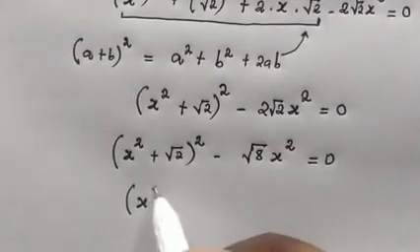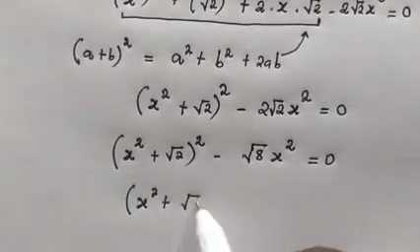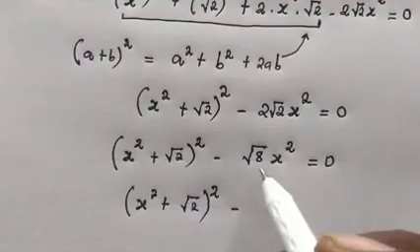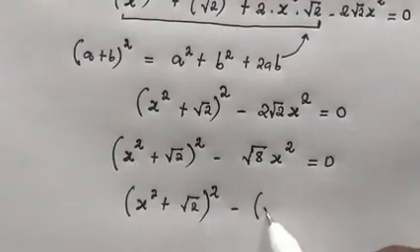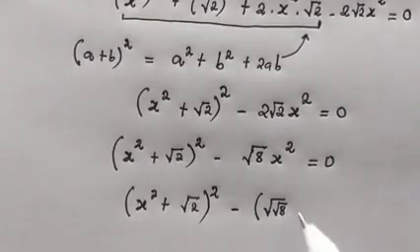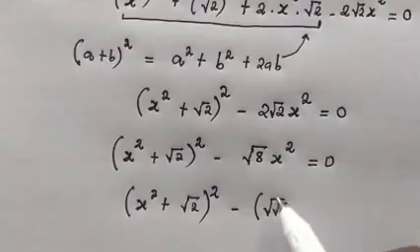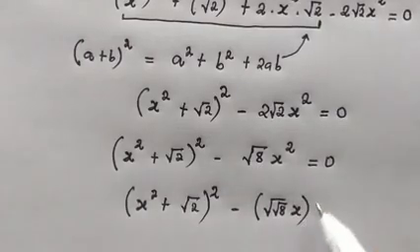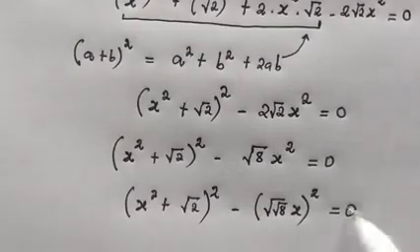So from here we have (x squared plus root of 2) whole squared, and then minus (root of 8 x) whole squared, because if you square this, the square cancels the first square root, leaving the second square root, and then we have x here, everything is squared, and this is equal to 0.